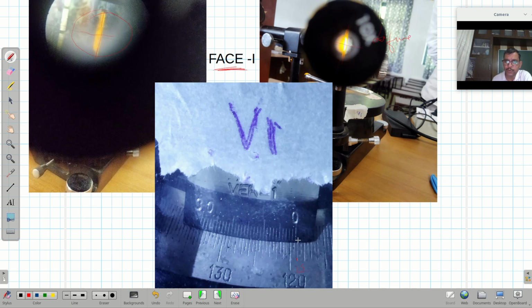So before the zero of this, the reading is 119 degrees. Now which one is the most coinciding division? This is the main scale reading. Now we have to multiply by the least count. Least count is 1 minute, and the most coinciding division is what? See, let us have a look at it. Which one is the most coinciding division?